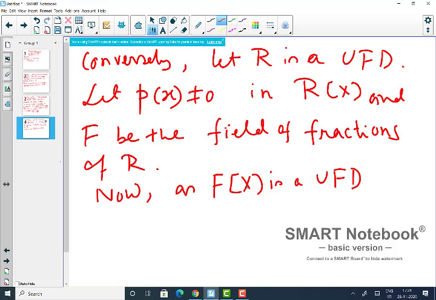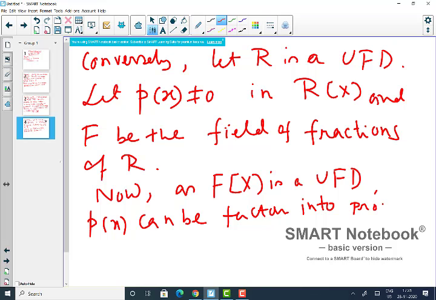So p(x) can be factored into a product of irreducibles.